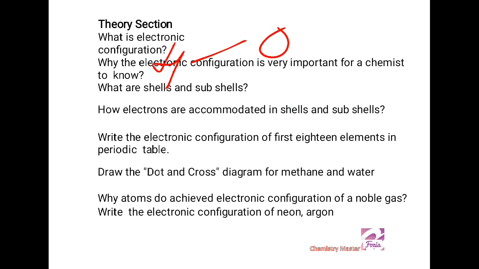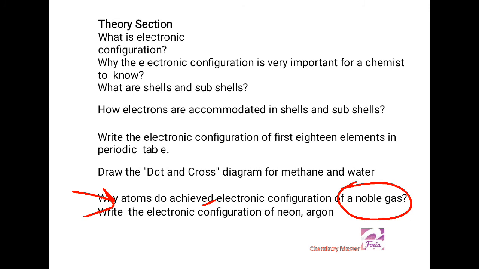Okay, now we see the last question. Why do atoms try to achieve the electronic configuration of a noble gas? So this is what we have to give as the reason for all of the changes in electronic configuration. You know, all elements try to achieve the most stable electronic configuration, that of a noble gas.